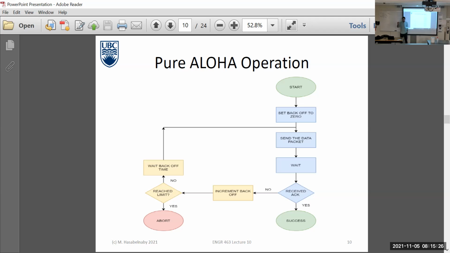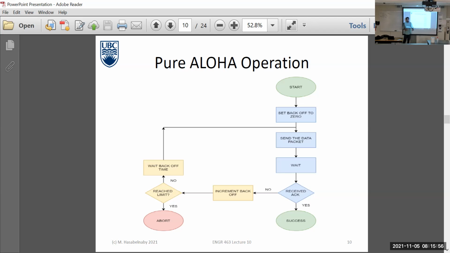We may not receive the acknowledgement because of collisions. So increment backoff. At first I have backoff 0, so I will increment it to 1, which means that I will retransmit this packet again.